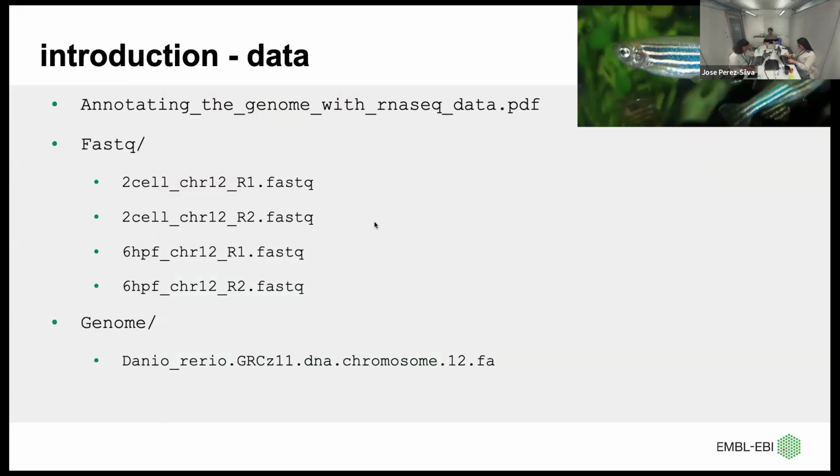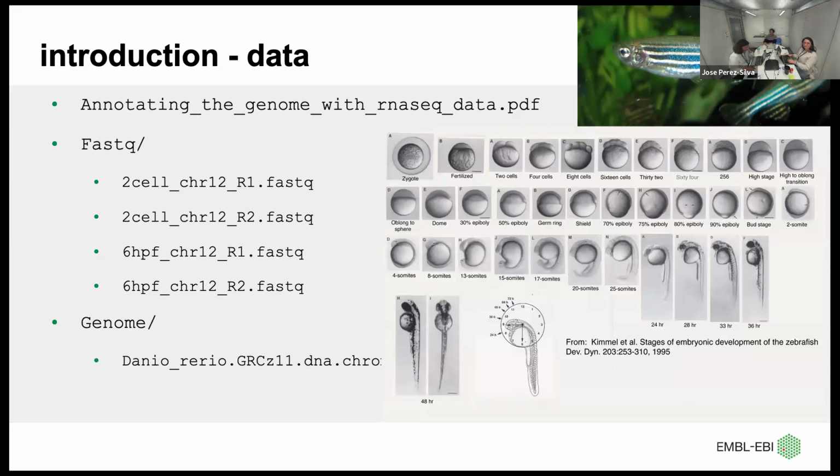In this specific example, I've given you paired reads, two reverse, two forwards, for two developmental stages of the zebrafish, specifically when it is two cells and... Let me find it.